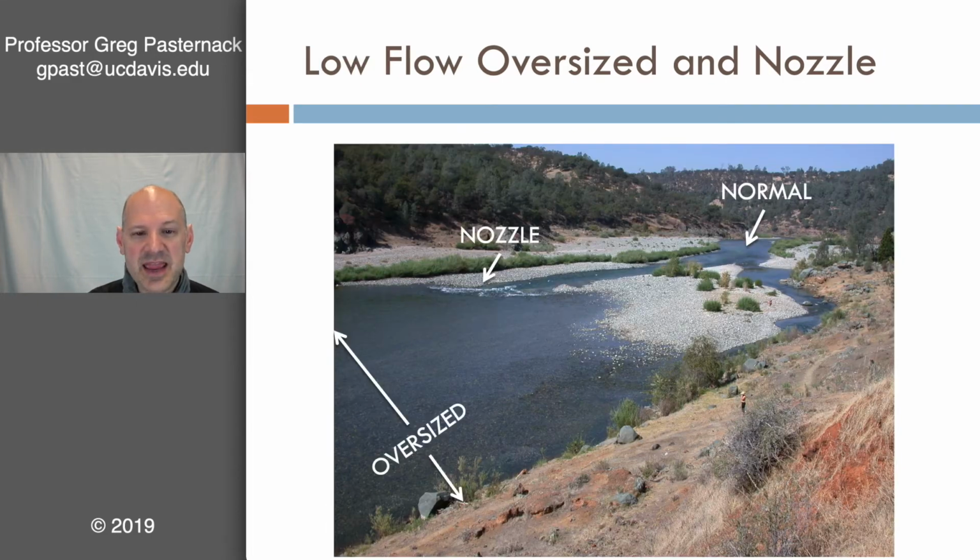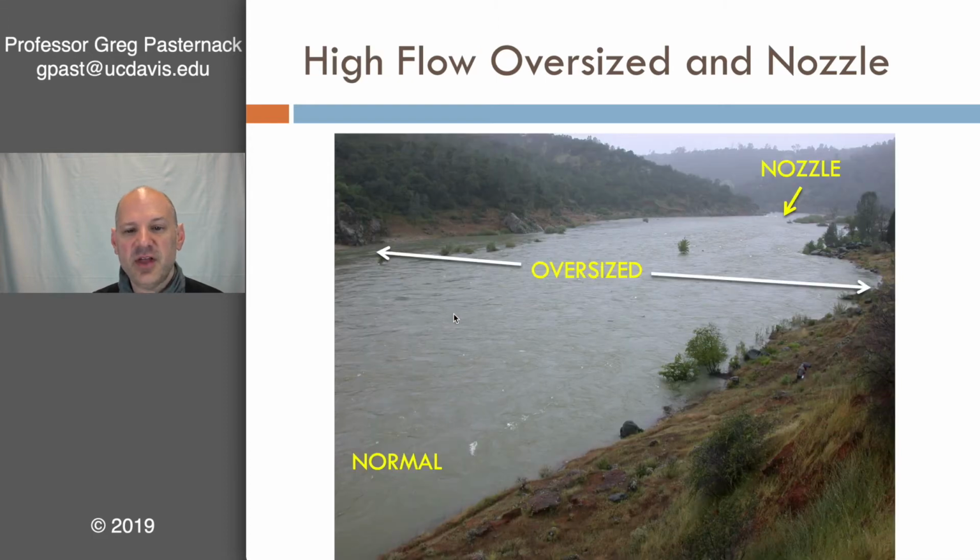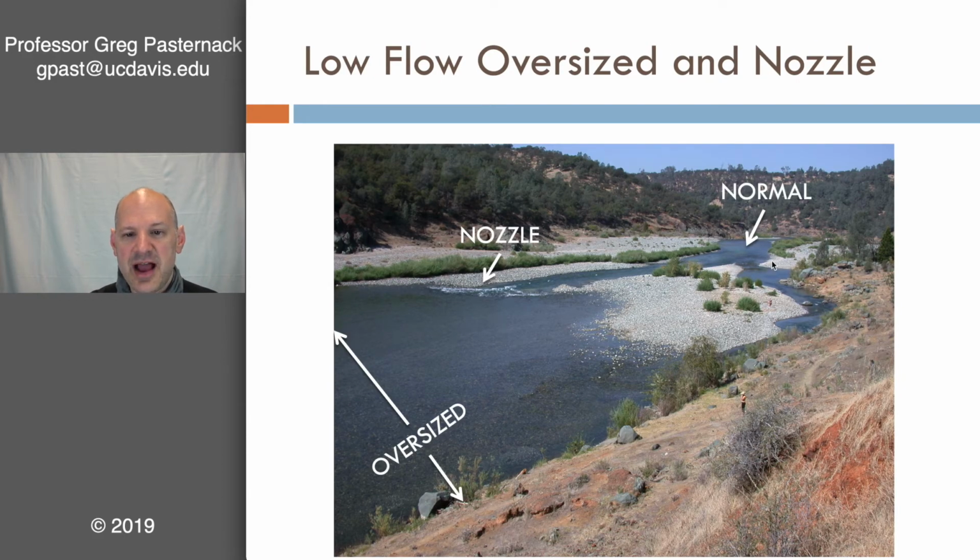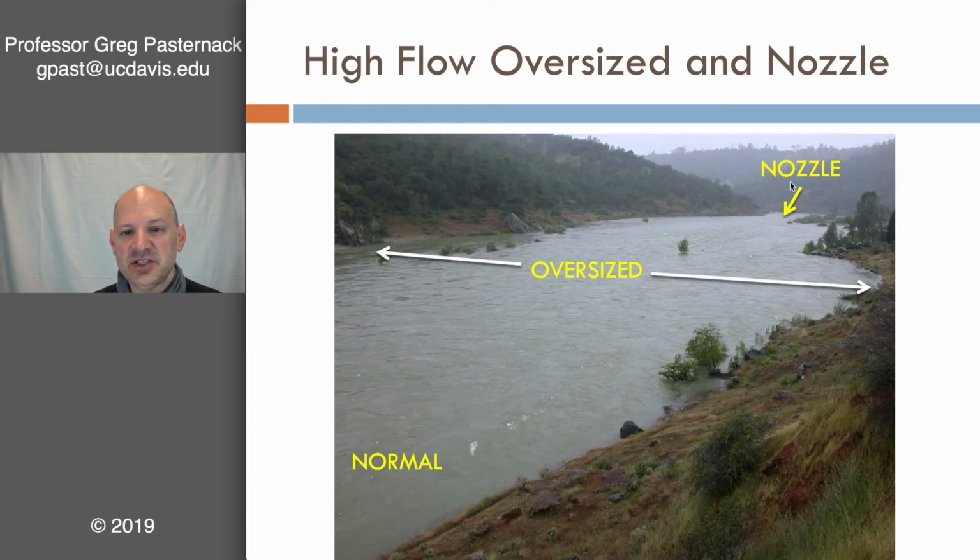If we look at the same site, but we go from base flow to a flood flow, we see that the location of these 3 landform changes. All 3 of them are still present. But now, where before we had a normal channel downstream, this now is essentially acting as a significant constriction.